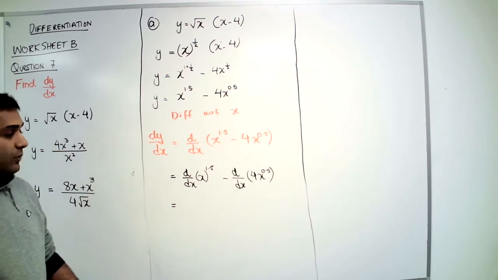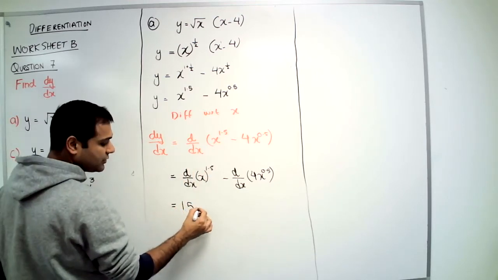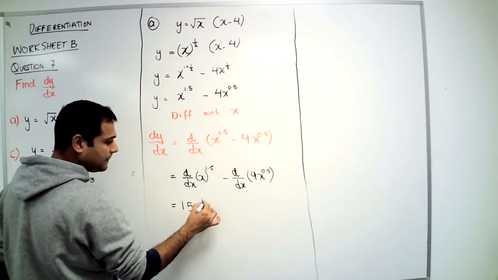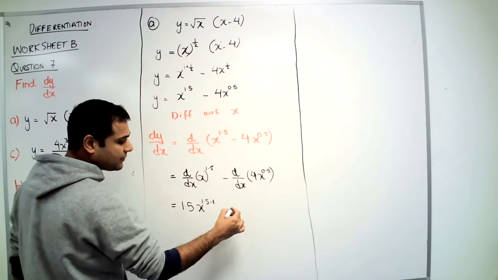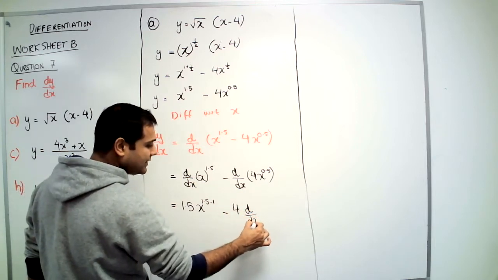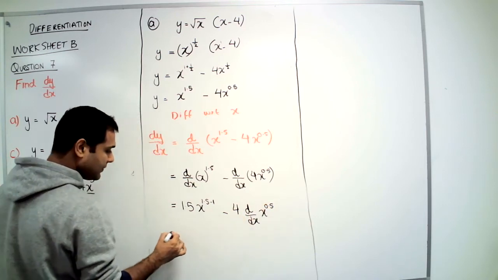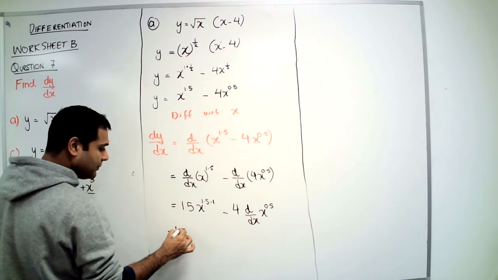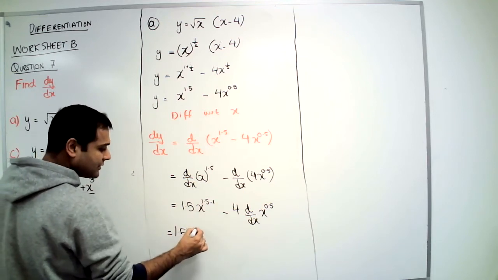Okay. When I multiply that one, 1.5 goes out. Reduce the power by 1. When I do this, the 4 comes already out, and I only have to do d/dx of x to the power 0.5. This becomes 1.5 x to the 1.5 minus 1, which is 0.5.